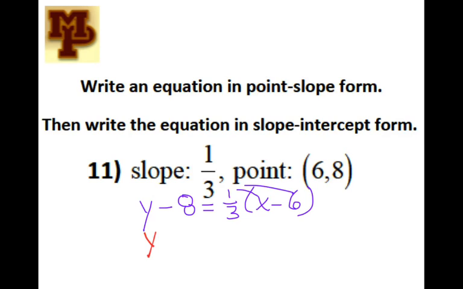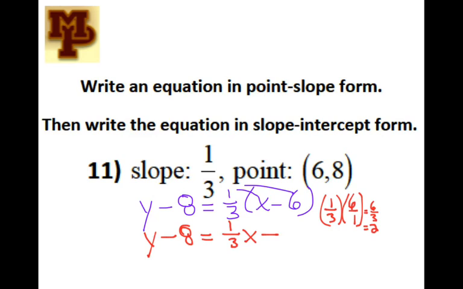So it's going to be y minus 8 equals 1/3 x minus, and when you multiply 1/3 times 6, you could do that off to the side, and you can tell if you multiply straight across, that's going to be 6/3. So that is 2. 6/3 is the same as 2.